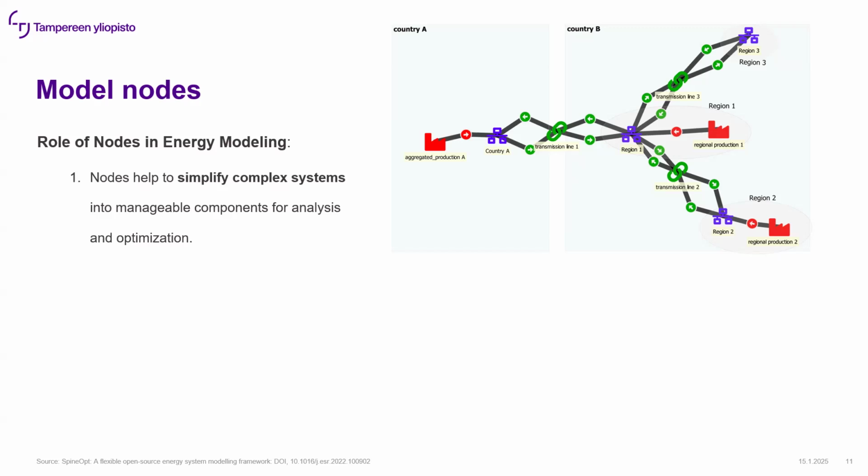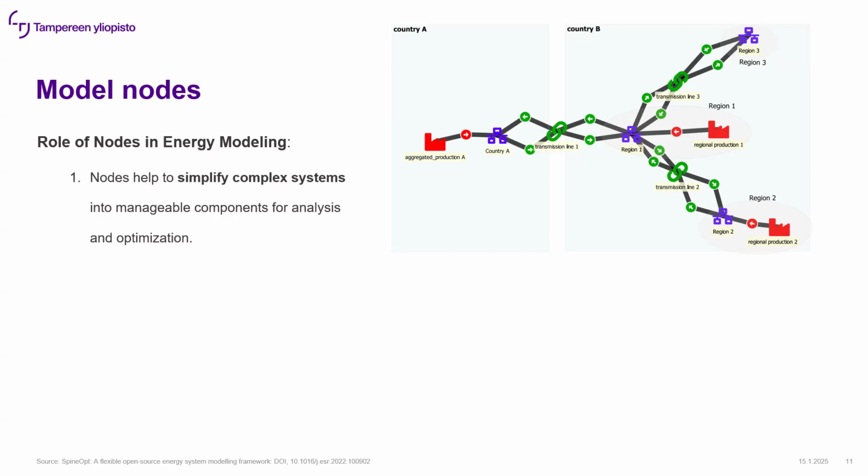SpineOpt is an open source software in a sense, and for me at least, it was in some cases hard to see what the representation was about, but you're going to get the hang of it hopefully in the exercises.